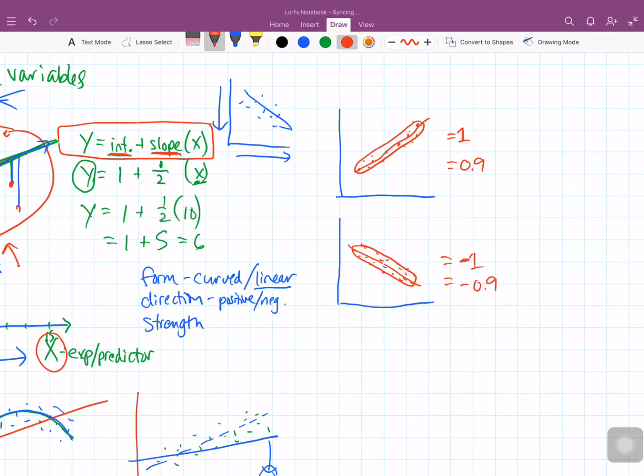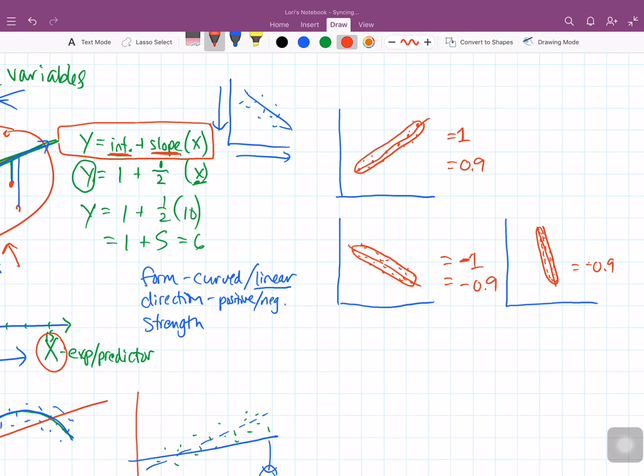And these can actually be at any angle. If we were to have a relationship that is more like this, and it was spread out about the same amount around this line, that is still equal to negative 0.9.